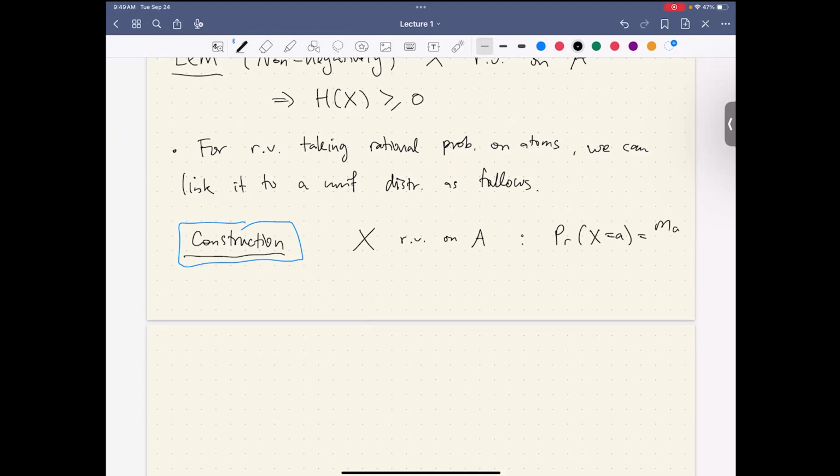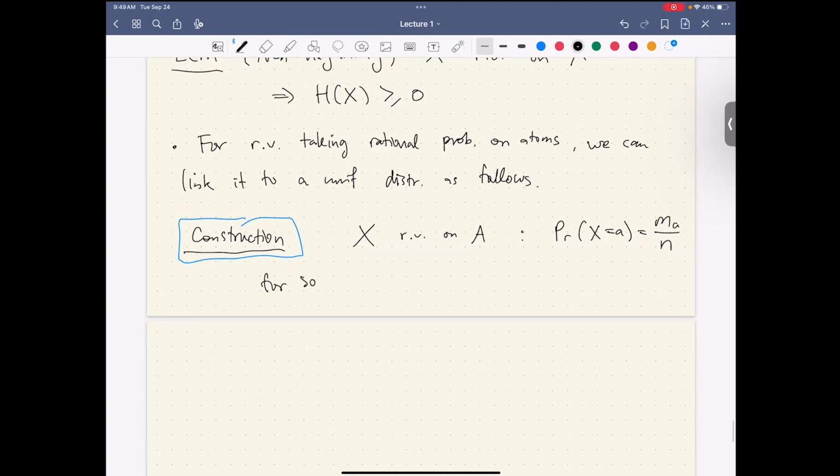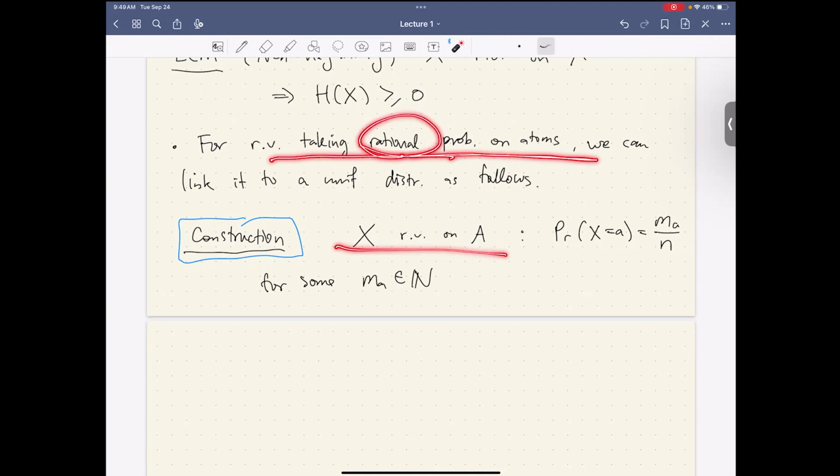So we can normalize it so that it takes value M sub a over N for the same N, where M sub a is a natural number. So how can we link this to a uniform distribution?